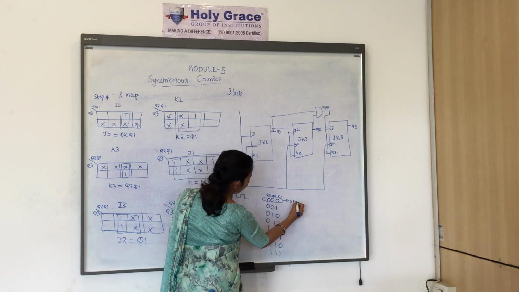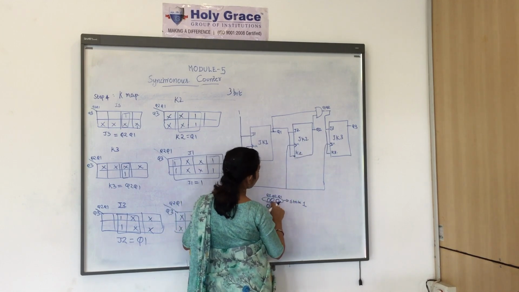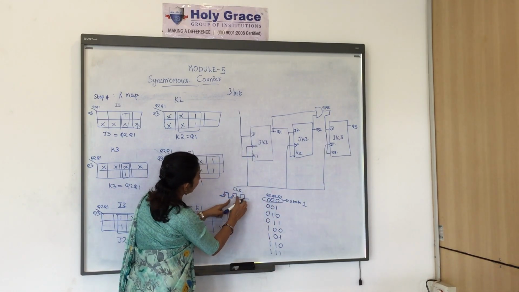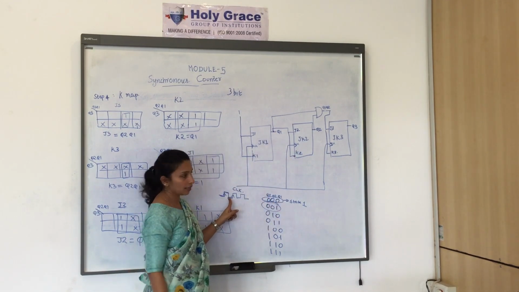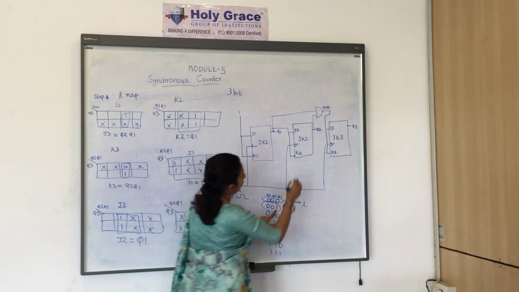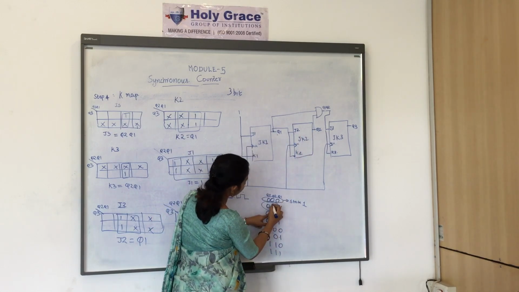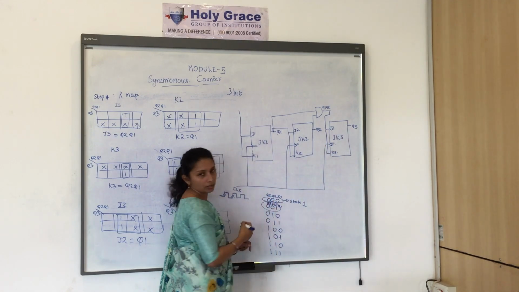This is state 1, where Q1 is 0, Q2 is 0 and Q3 is 0. Now when the clock pulse enters the flip-flop, the next state will be 0 0 1, that means Q1 is 1, Q2 is 0 and Q3 is 0.